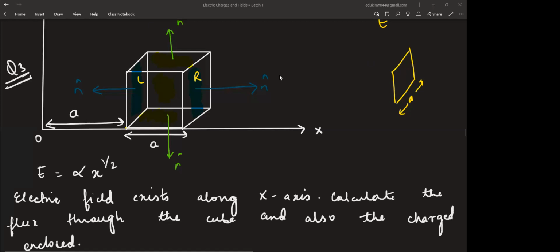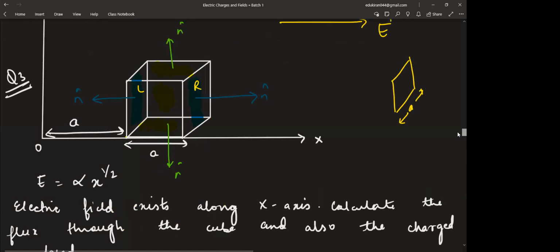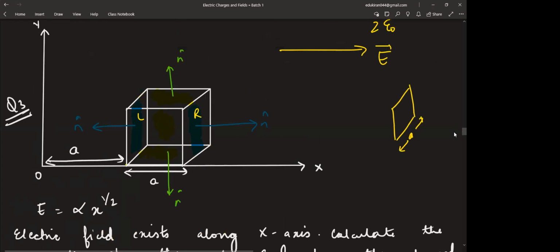Correct. And where is the n cap pointing? Towards the right hand side. That is the x-axis. So surface area would be A square I cap. Fine. Come to electric field. Electric field is alpha x to the power half I cap. Why I cap? Because it is situated towards the right hand side. Now look, what is the x separation? When we are calculating, what is x?